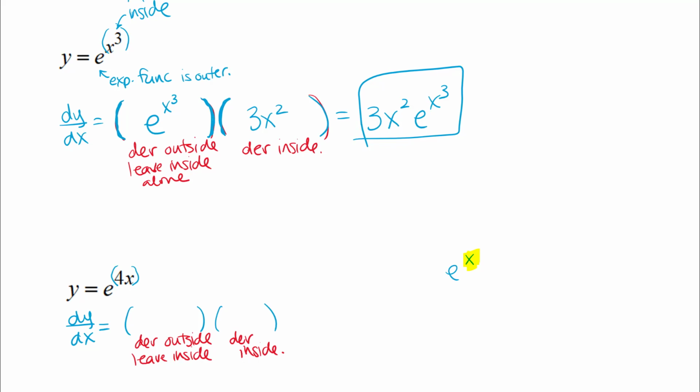Derivative of e to the x is e to the x. So derivative of exponential function is that exponential function. But again, if you have anything other than just x in that exponent of that exponential function, there's really chain rule going on, and so you need to not forget that. So the next part that I need here is the derivative of that 4x. So derivative of 4x is just 4. So my answer is 4e to the 4x.